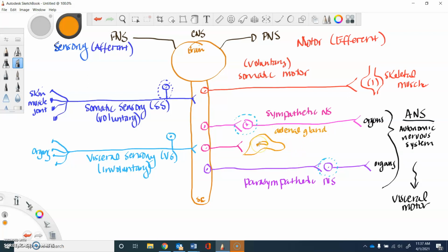And inside the adrenal gland is an area that has nervous tissue. And when it is innervated, and it will be by this neuron, it will take a substance called epinephrine, and it will deposit it into the blood. Epinephrine is the neurotransmitter that is located here, and here it goes into the blood.